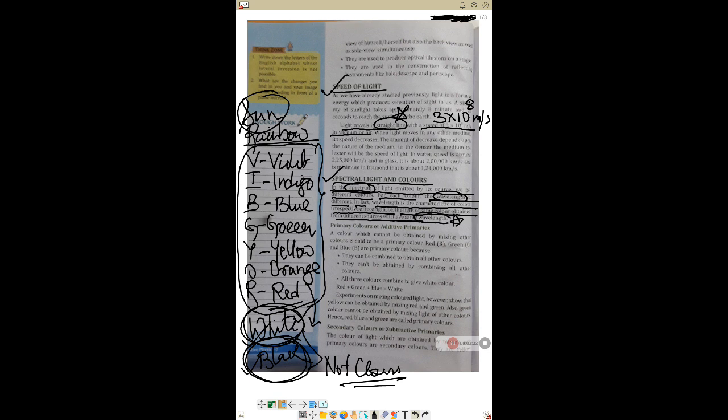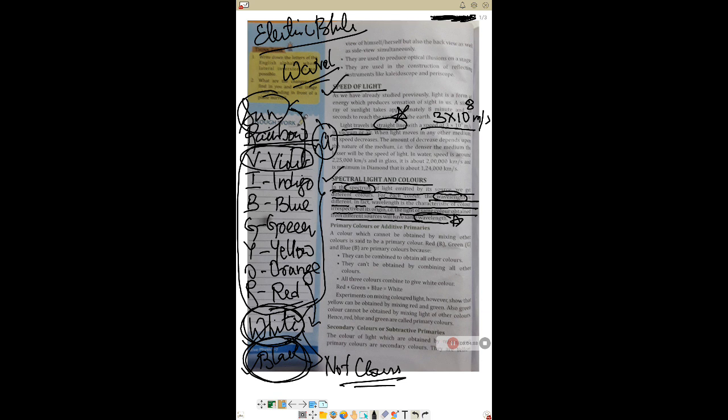If violet has a wavelength of A, and this violet color is coming from the sun, but if there is another violet color coming from some electric bulb, then also it will have the same wavelength, that is A. So the wavelength of a color does not depend on the source. Whatever may be the source, a violet light will always have the same wavelength.